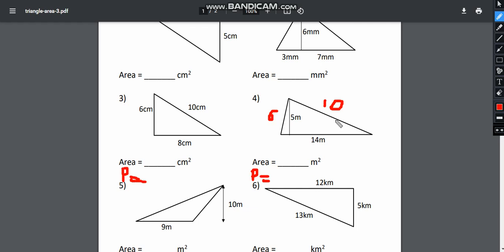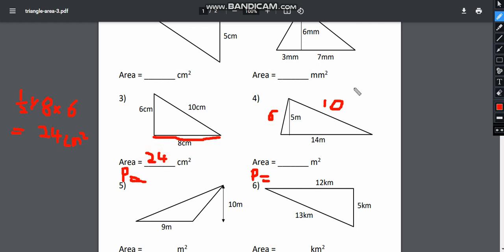Okay, so the area of this one, we need half the base times the height. So we need to pick a base. I will pick this one here, and then the height is going to be 6. So in this case it would be half 8 times 6. Half 8 is 4. 4 times 6 is 24. And the unit is centimeters squared because it's area.